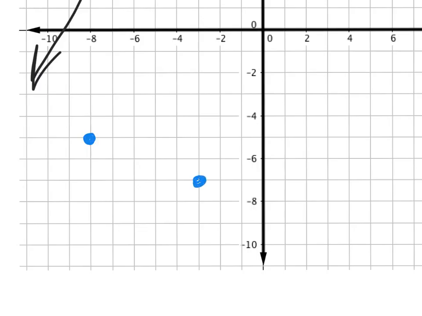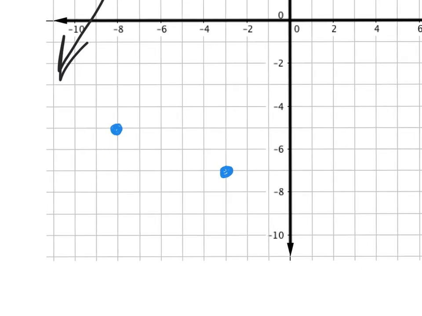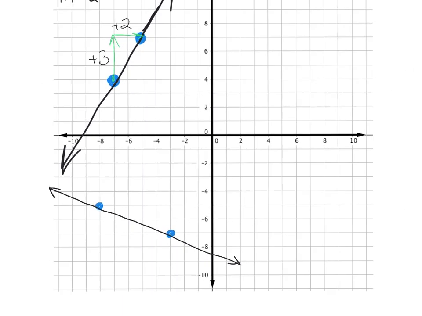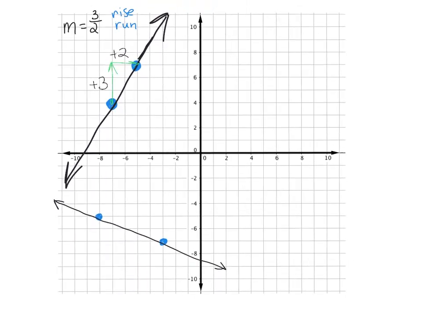And then if we want to create that line, here's the line. Now, this line has a negative slope. That's because as we're moving from left to right, you see it's going downhill, so it has a negative slope.